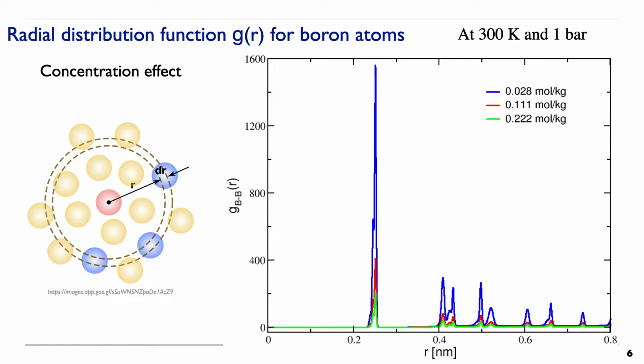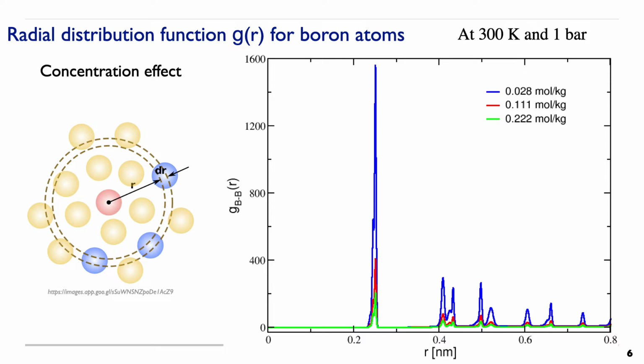In the case of boron atoms, the peaks of the function are mainly generated by the atoms of the same nanotube. We notice that as the concentration increases, the values of these peaks decrease. This is because there is an increase in the number of atoms, and this increase causes the boron atoms to be further away from each other.